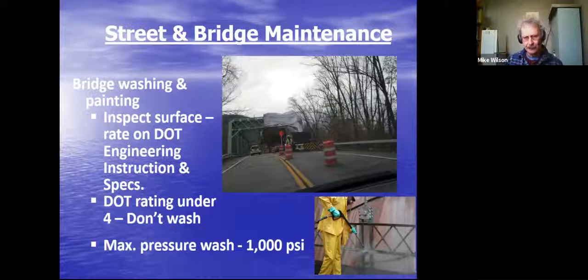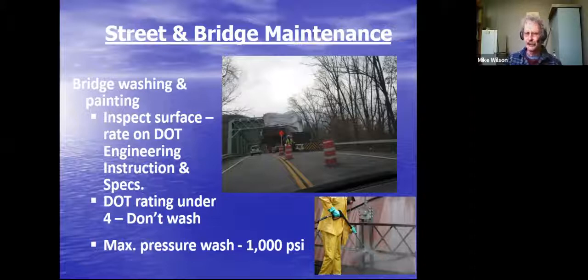If it's above 4 and you're going to wash that bridge prior to painting, your maximum amount of pressure used is 1,000 PSI. Do not go above that, because again, then you are forcing bits of metal and rust off that bridge and you're weakening that bridge.